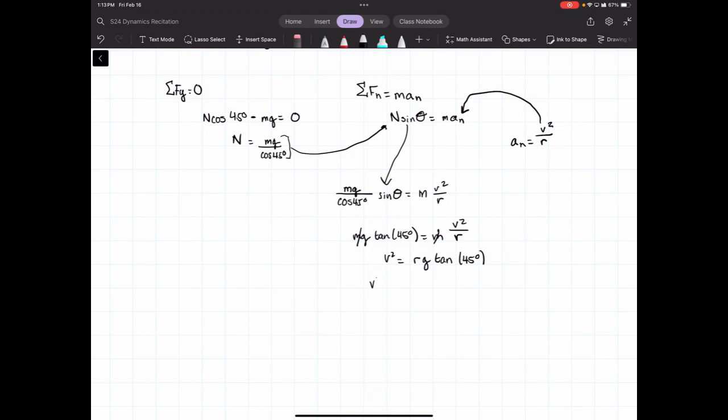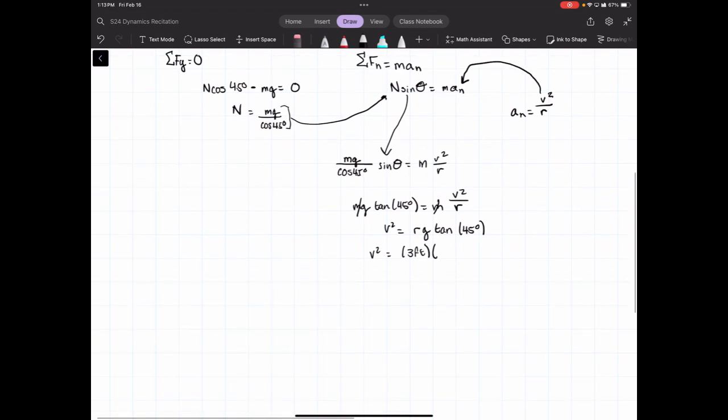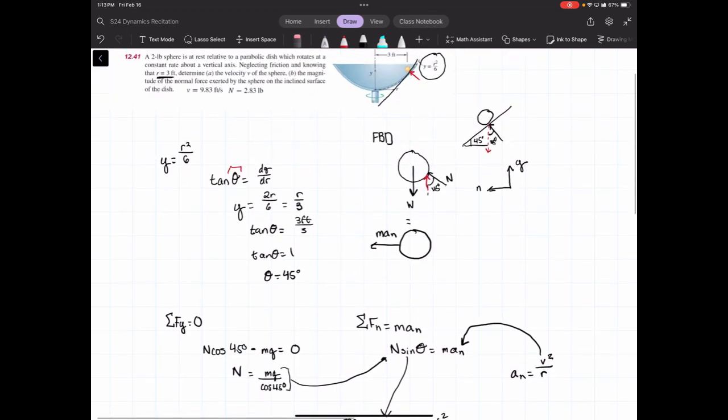So v squared is going to equal our 3 feet times, since we're in feet, we're going to be using 32.2 feet per second squared as our gravity. And then the tangent of 45 degrees is 1, like we set up there.